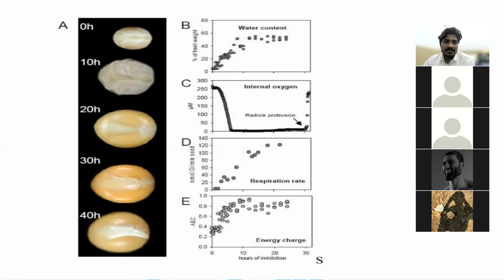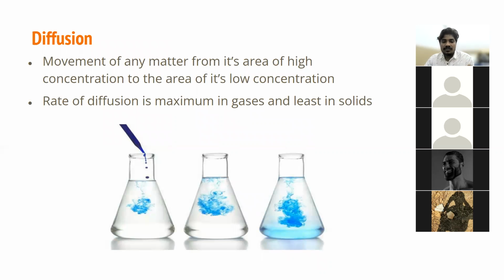Okay. So this is the correct definition of diffusion. I have added the image. Movement of any matter, to be very specific, movement of any matter from its area of high concentration towards the area of low concentration. Let me explain this.